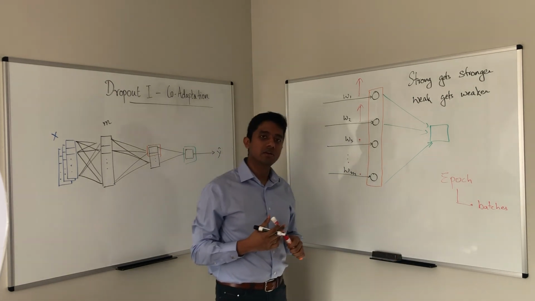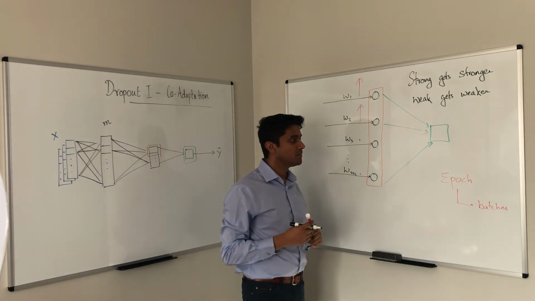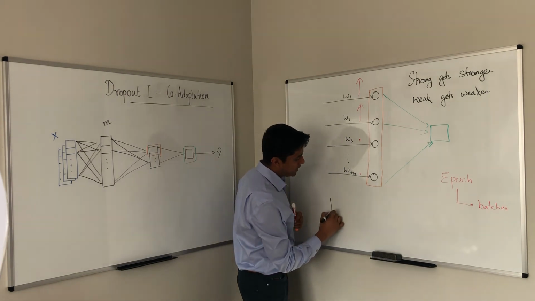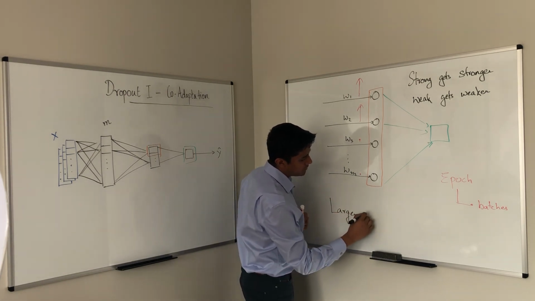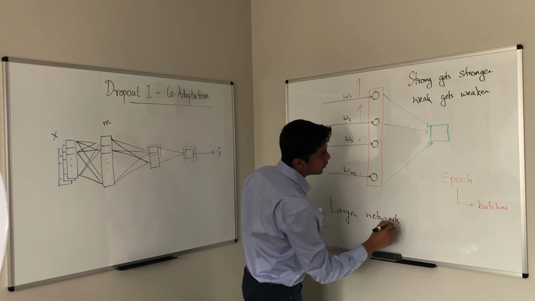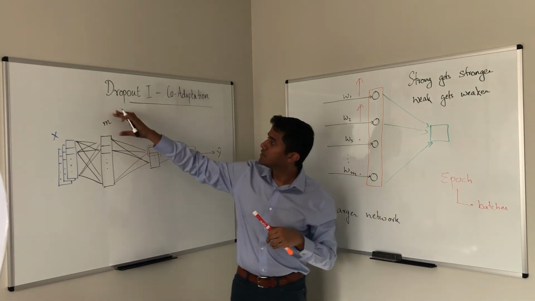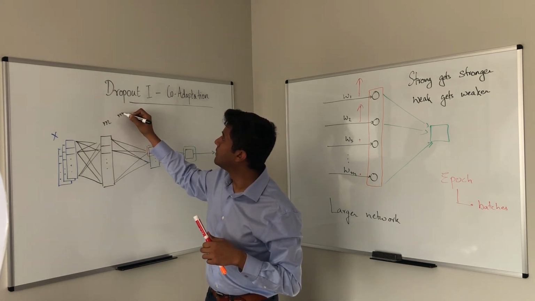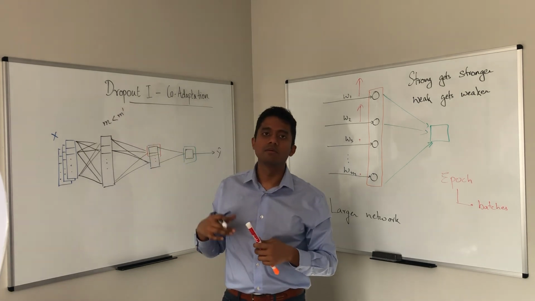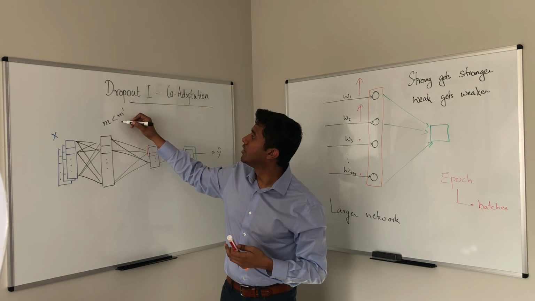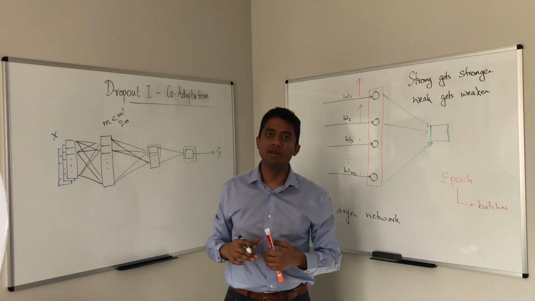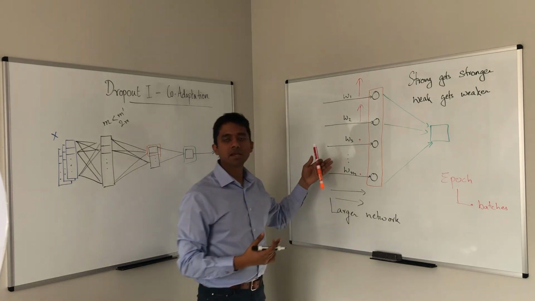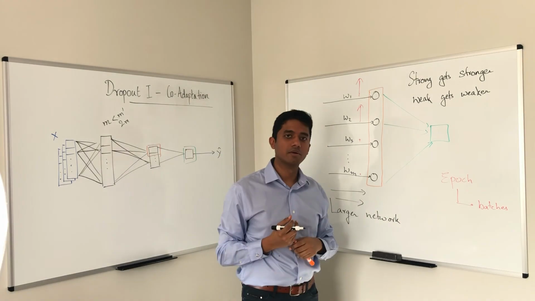And this co-adaptation issue causes a major problem because, if I make a larger network, suppose I increased this layer from M to say M prime, where M prime is bigger than M, say I made it 2 times M. Now I have 2 times as many nodes, which means I will have 2 times as many connections getting into this orange node.